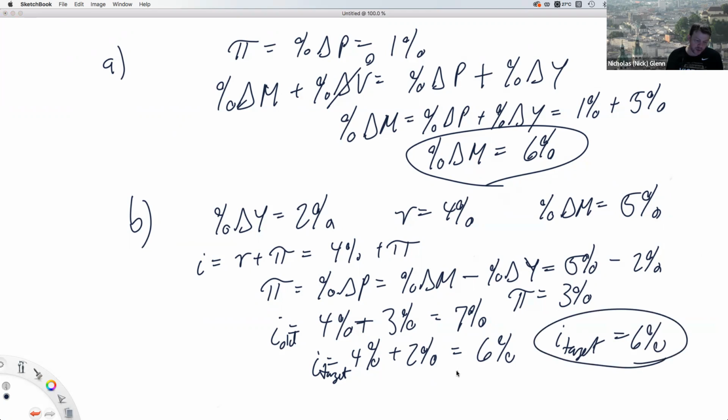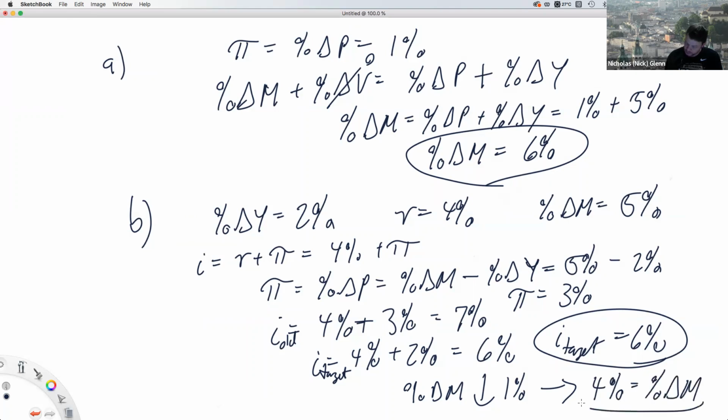Given this nominal interest rate, what should the money growth rate be? Well, it needs to decrease by 1%. And what is it currently? We said it was currently 5%. So it needs to go down to 4%. Right, that's the percent change in money growth.